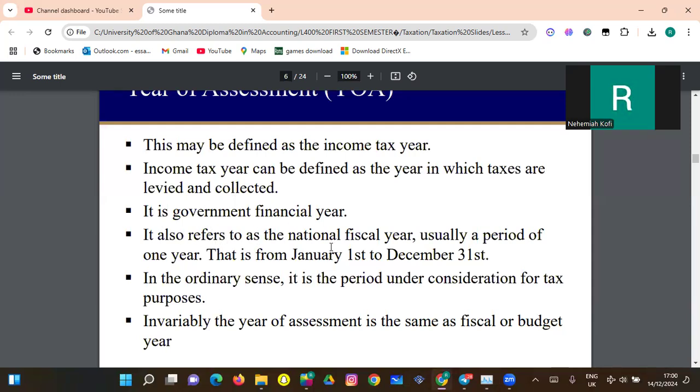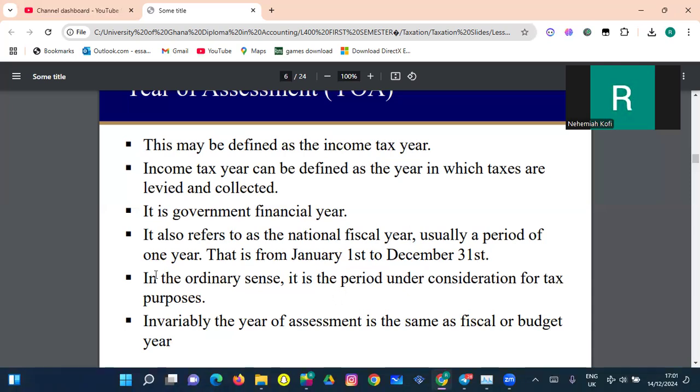It also refers to the national fiscal year, usually a period of 1 year. That is from January 1st to 31st December. So meaning that government will be taxing each and everyone within the year of assessment. So if you enter any business or any employment avenue, you will be taxed within the year of assessment, right?